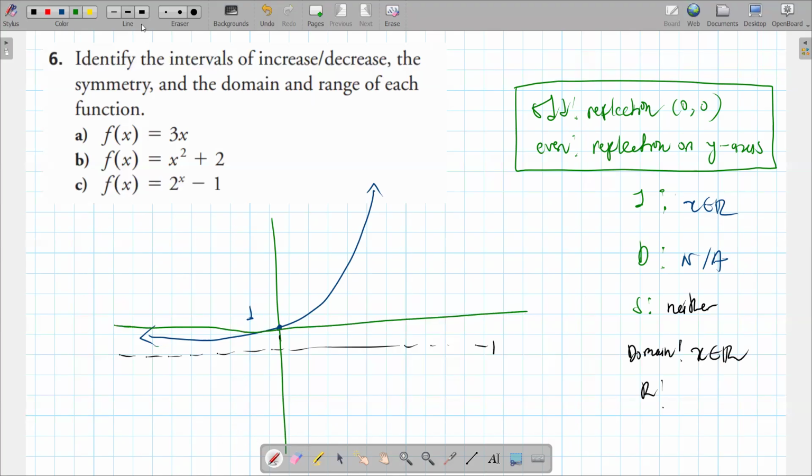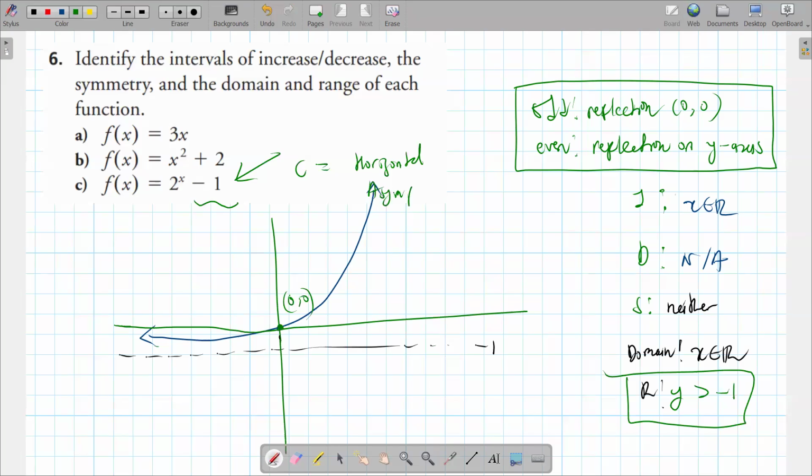All the y values go down by 1 because of the -1. That means this is going to go through 0, 0. So the range is y is greater than -1, exclusive, not inclusive. For exponential functions, this is the c value. C is always going to be the horizontal asymptote.